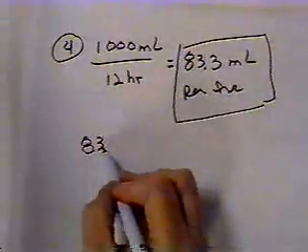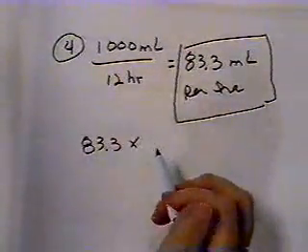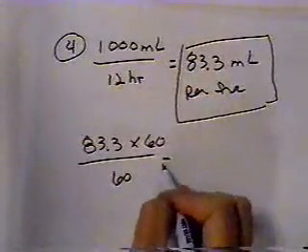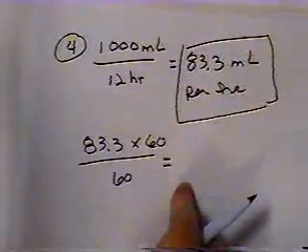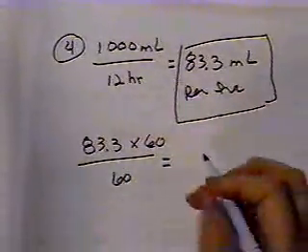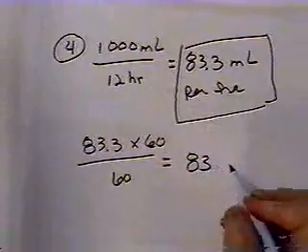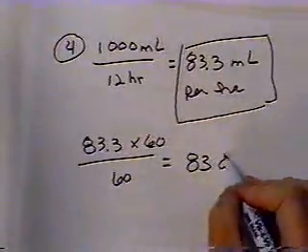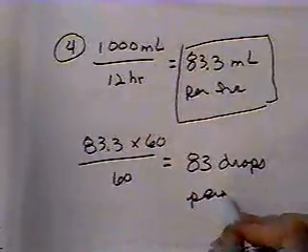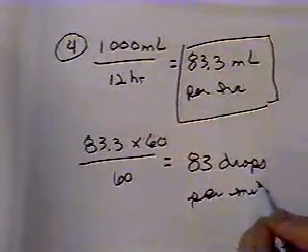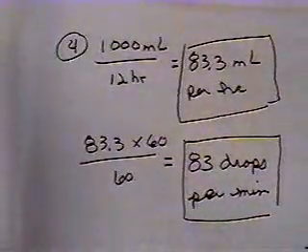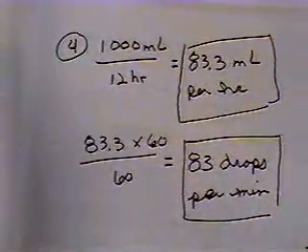Then that answer times the drop factor divided by 60. It's always 60 because that's changing hours to minutes. Here the 60s cancel. But on the drops, it needs to be a whole number. Milliliters can be a tenth. Drops have to be a whole number.